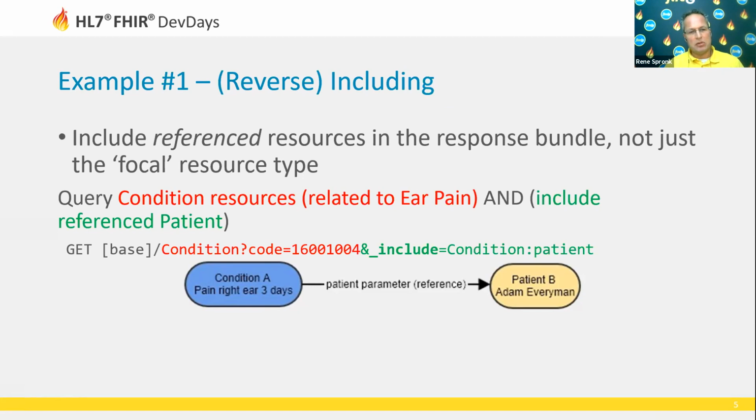Well, get condition that has a certain code, that's part of the base search functionality, and _include is following the search parameter, which is condition outbound reference to the patient. Hence, the patient resource, which is the thing that's referenced by that patient search parameter, shown in green, is actually going to be included in the response.